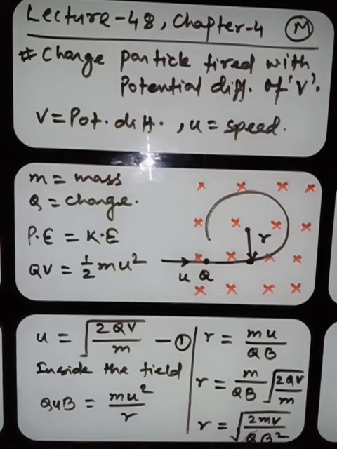So this is the radius. This was the question, you have to derive this r. The m is the mass, V the potential, q is the charge, and B is the magnetic field strength. Alright students, in this way you have to proceed.